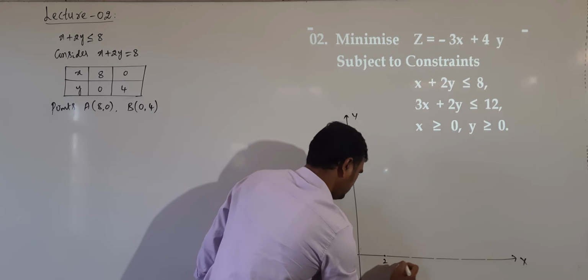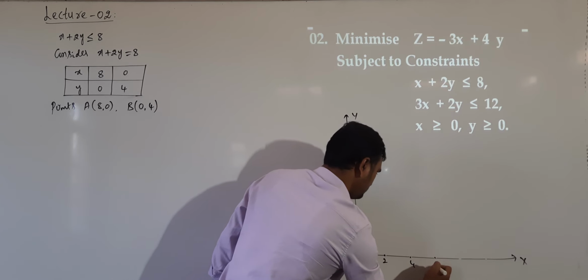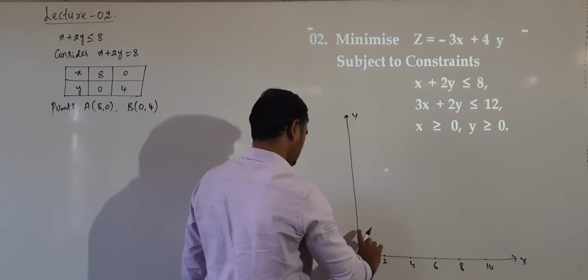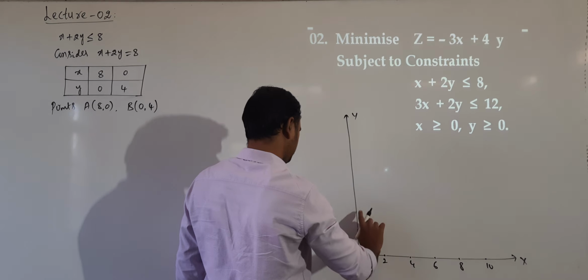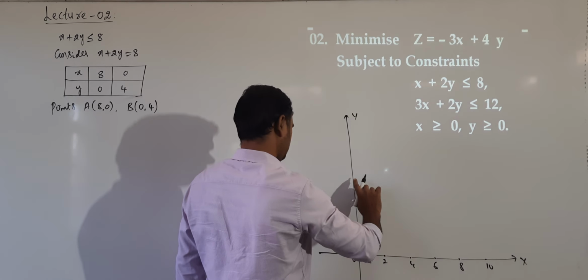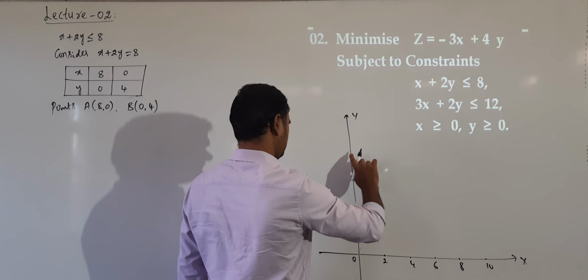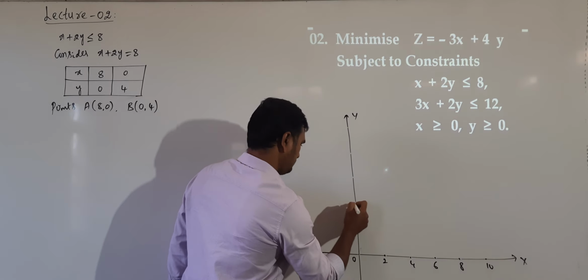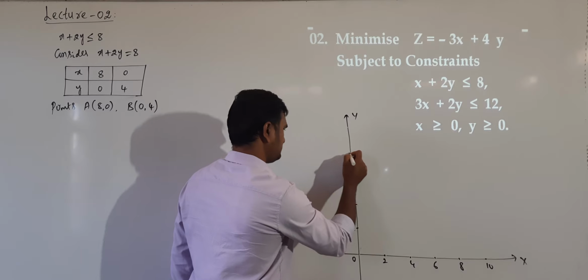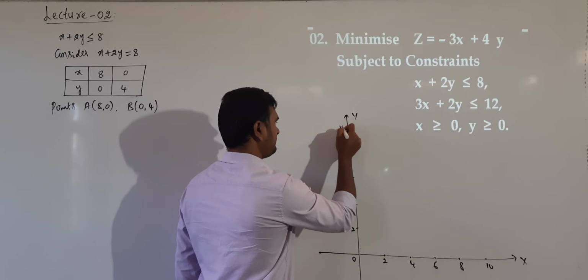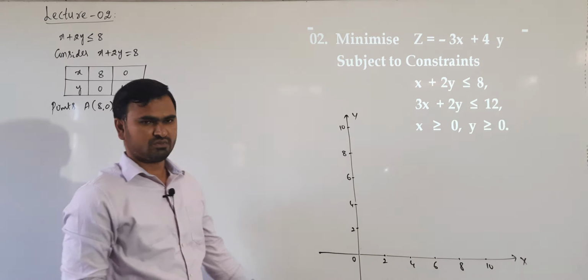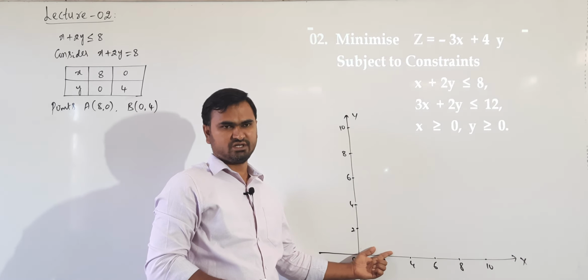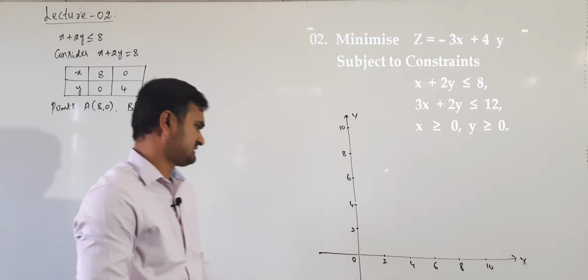So this is a point 2, 4, 6, 8, 10. Same I'll take here. 2, 4, 6, 8, 10. Okay. So this you have to draw in the graph sheet. Okay. So better you practice in the graph sheets.